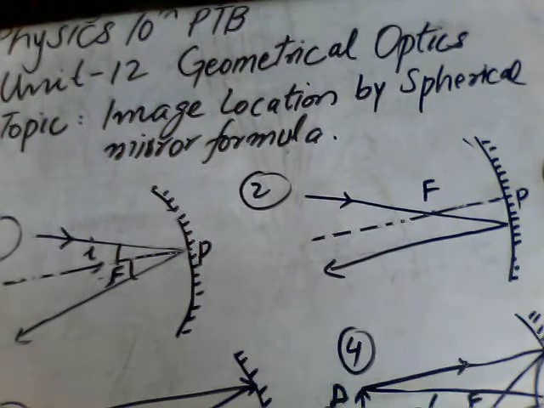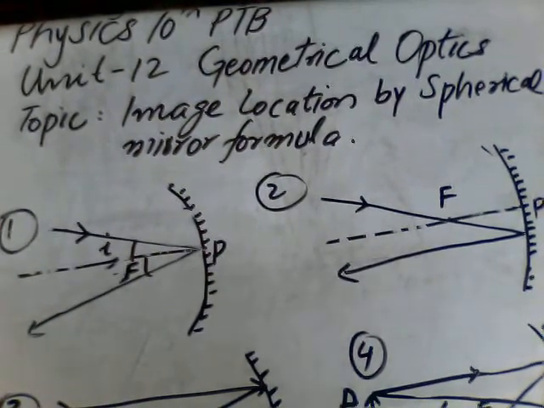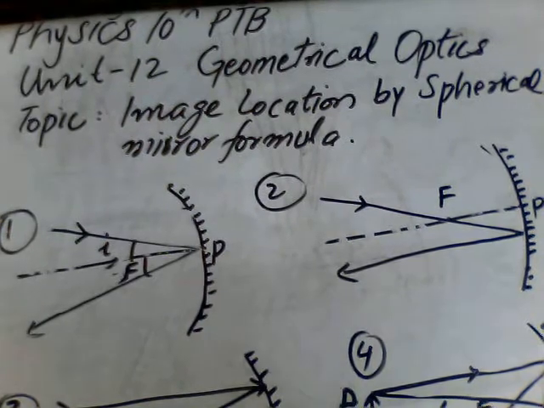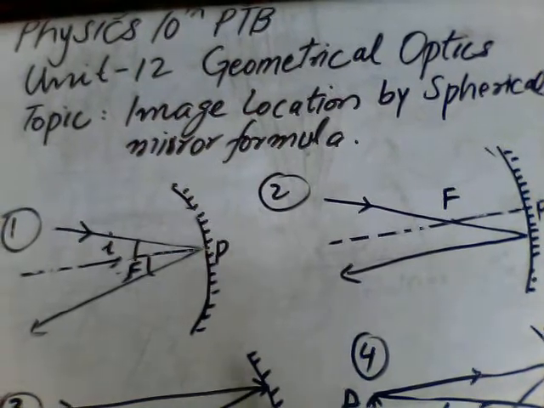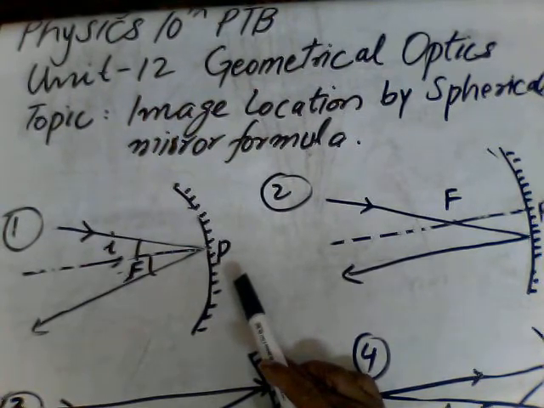Internal is shiny. So the light ray comes from the source and strikes point P, the pole of the mirror.